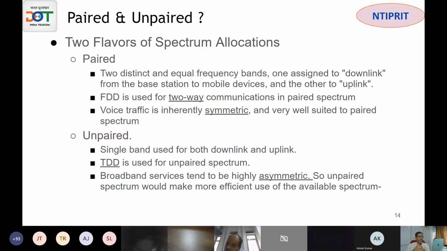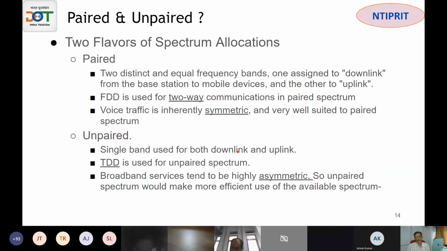Beyond that comes the domain of the unpaired bands, where the new technology of TDD is used, because earlier all the communication used to be two-way communications. So it was basically a balance. Traffic used to be symmetric. That is why we always had such kind of band definitions. But when digital started dominating, people understood that traffic is not always symmetric.